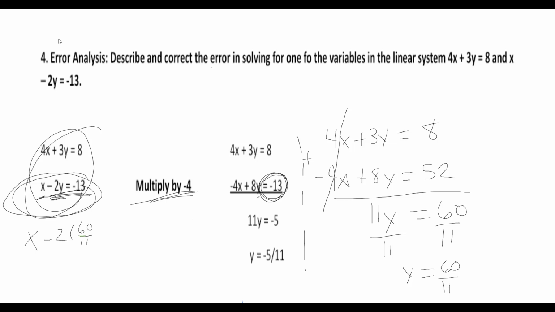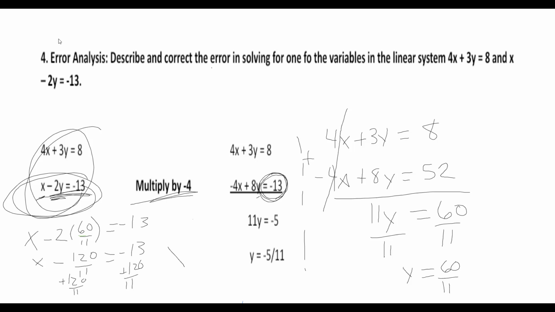x minus 2 times 60 over 11 equals negative 13. Simplify. And like I said, you can use your calculator. And then we're going to add 120 over 11 to both sides. Plus 120 over 11.